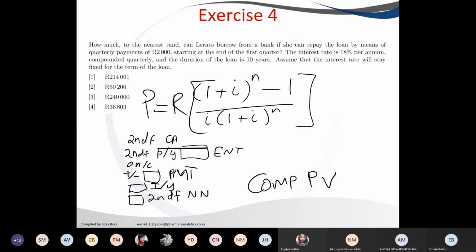So, Zachary, you used future value, which means you got this one, which is incorrect. The correct answer is option number 1. So those who are calculating manually, you will need to check if you're getting the right answer, which is 36,803 rand to the nearest rand.